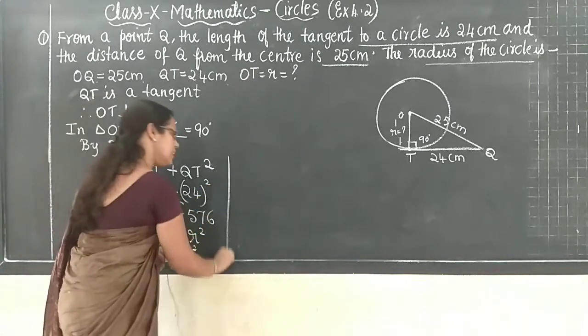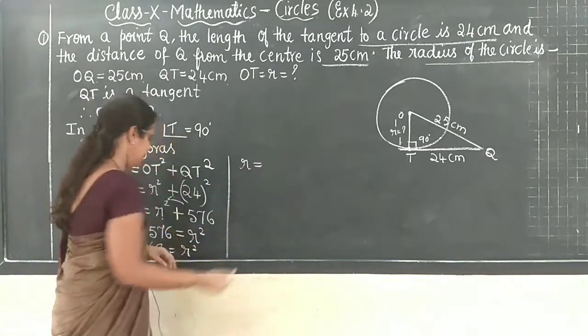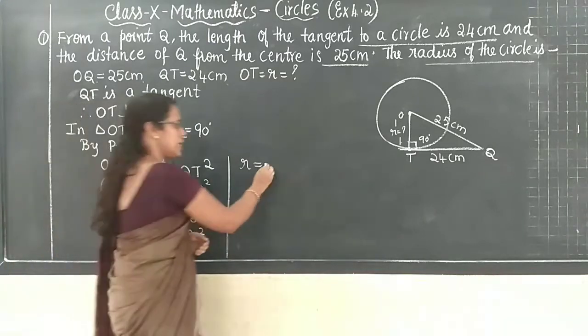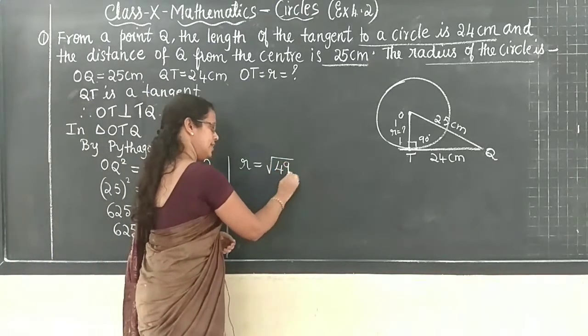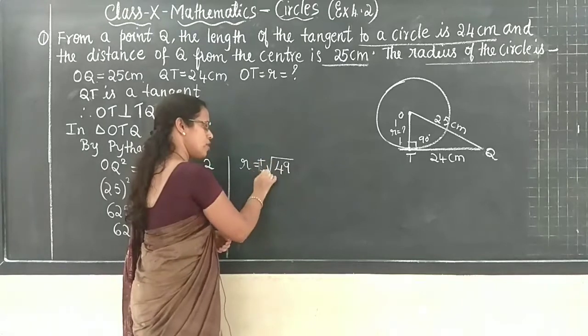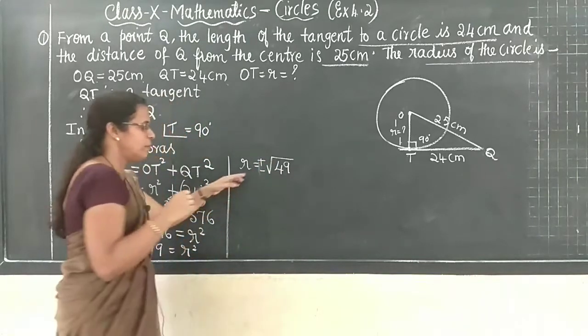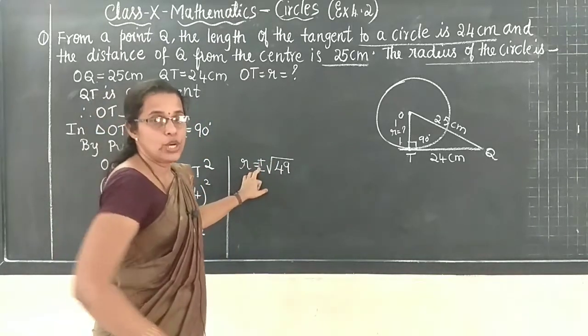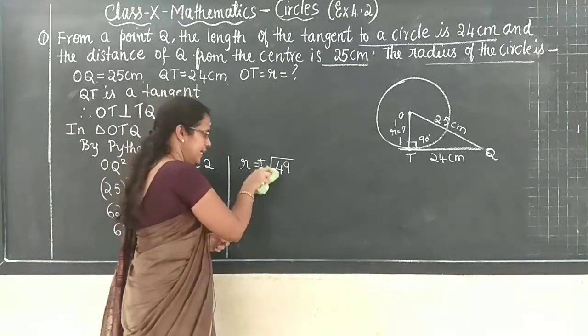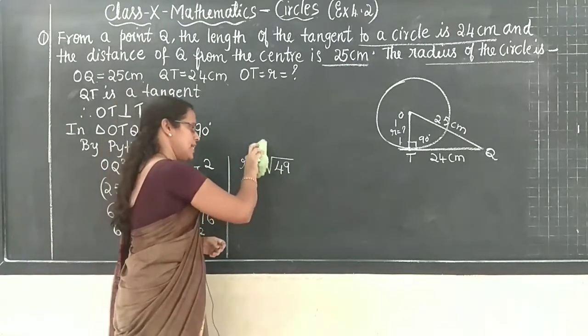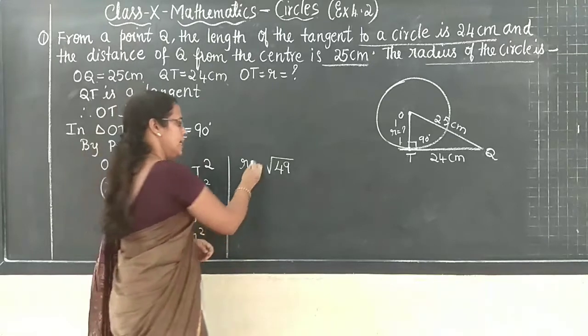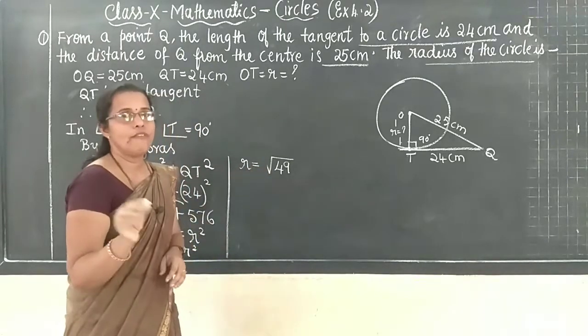R is equal to, square goes, square root comes. Square root of 49. Actually children, there is a plus or minus, but radius cannot be negative, so we cannot write the negative sign there. So it's a plus sign. Radius is equal to square root of 49.